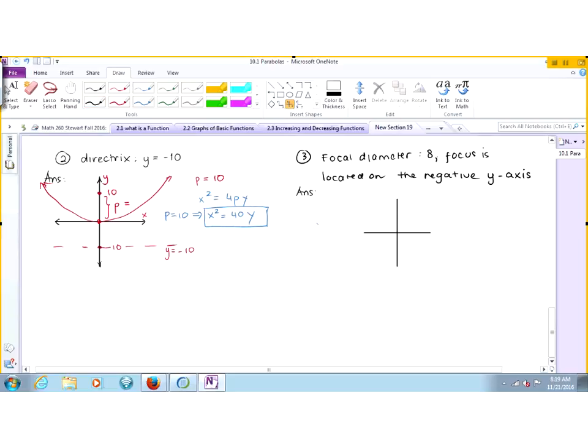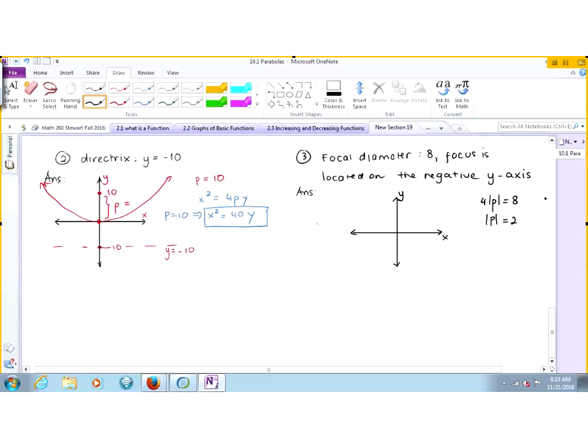Again, we rough sketch, right? What am I going to draw? Focal diameter is 8. So what is focal diameter? The absolute value of 4P is 8, right? So the absolute value of P is 2.